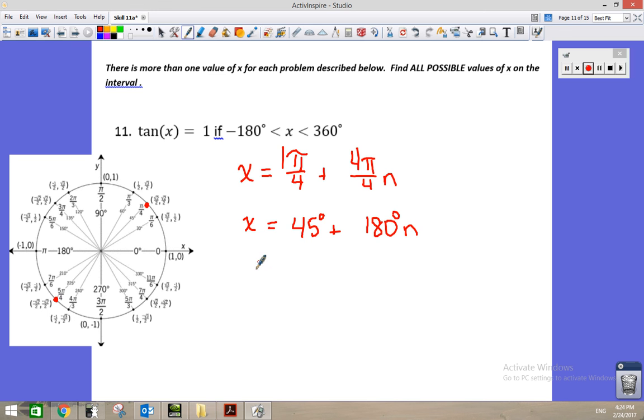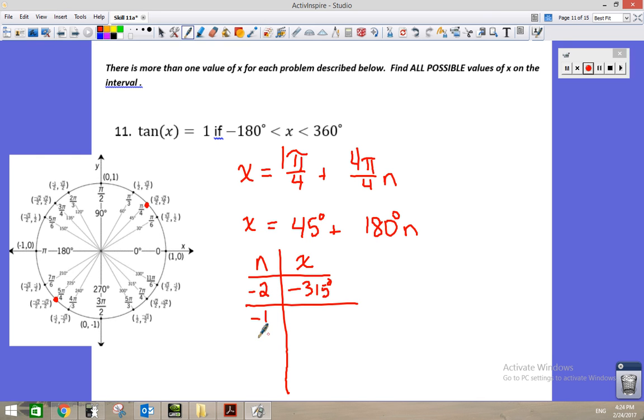If I substitute in different values of n and try to find angles that are strictly bigger than negative 180 and strictly smaller than 360, well, let's try negative 2. If I plug in negative 2, that's negative 360, and negative 360 plus 45 should be negative 315. Well, that's way too small. I want to be above negative 180, so I throw that out.